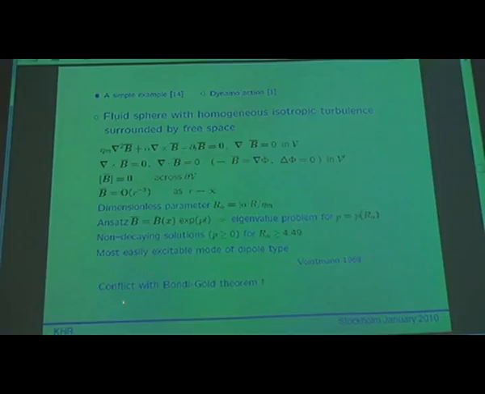The resolution is that this model is not quite correct, insofar as we have homogeneous turbulence everywhere in the sphere, and then no longer in outer space. But you cannot have in a sphere everywhere homogeneous turbulence. At the boundary, the radial component of the velocity must be zero, and that is in contradiction to the assumption of homogeneous isotropic turbulence.